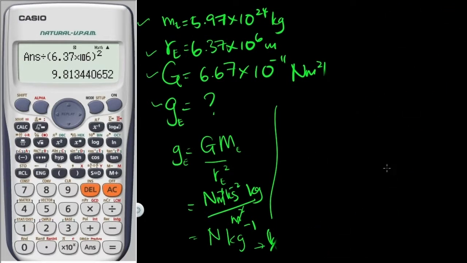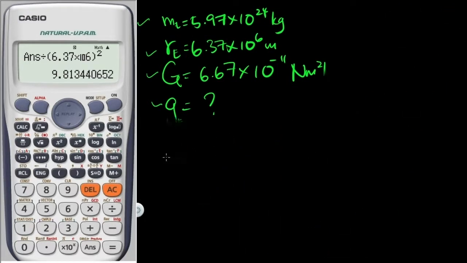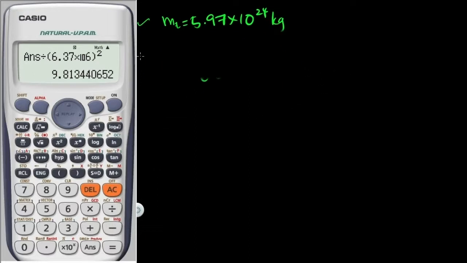What we have here, let's try to find the value of gravitational acceleration on the surface of the moon. Let me just take out all of the information that we need. So surface of the moon, we want to find G moon.